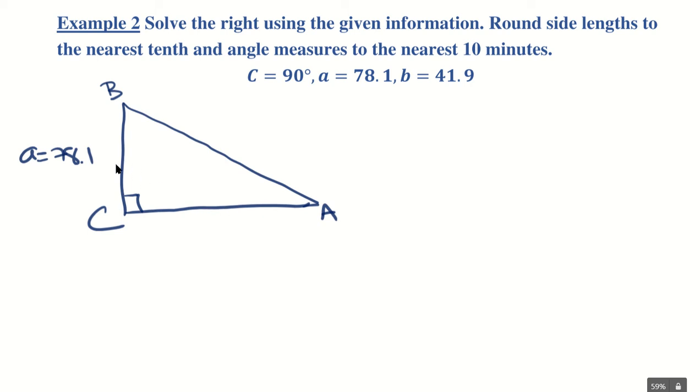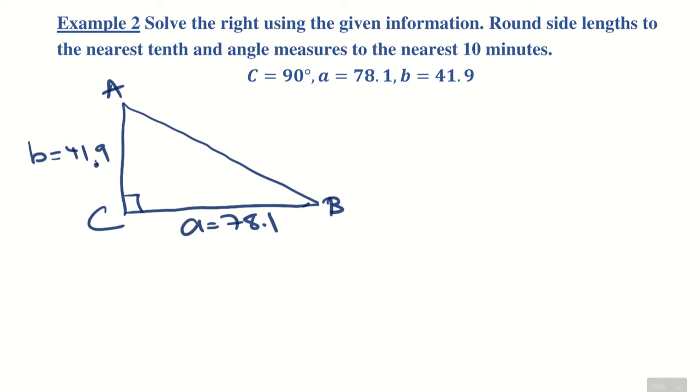Well, from at least my figure, it looks like it's better if I switch those. Call this A and call this B, right? Because that's longer, just to make it look more consistent with our drawing. And B, which is opposite angle B, is 41.9.